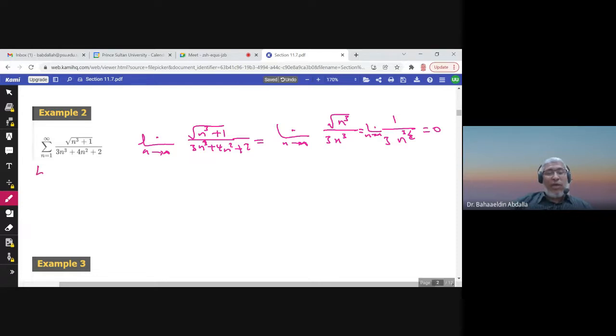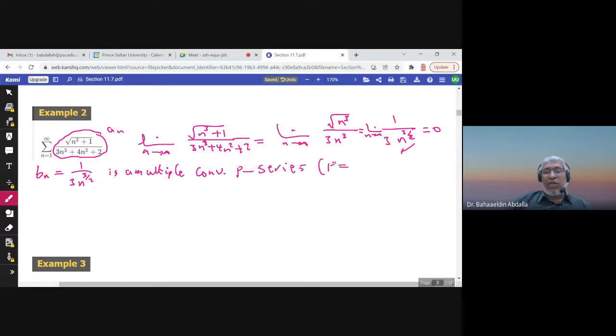But as we studied in section 11.4, if you take the highest power, if you take bn as 1 over 3 times n to the power 3 over 2, which is this one, and you use the limit comparison test, so this is an and this is bn, and bn is a multiple of a convergent p series.